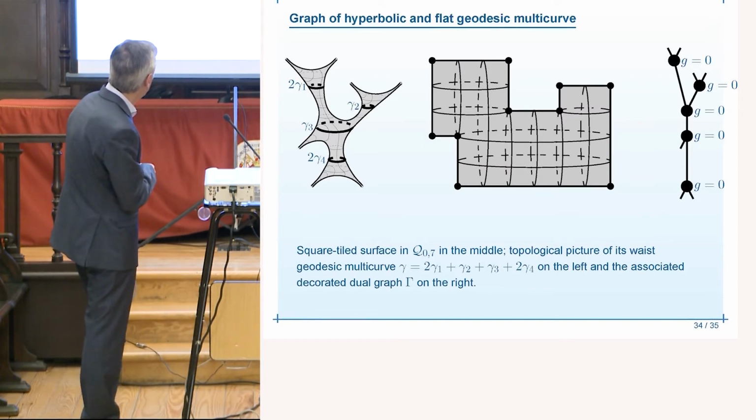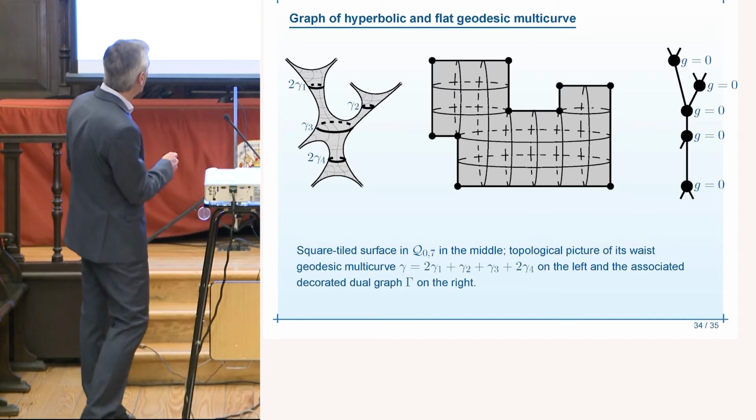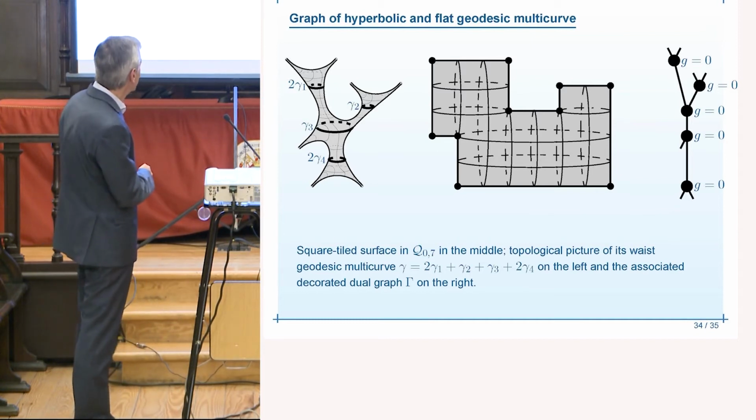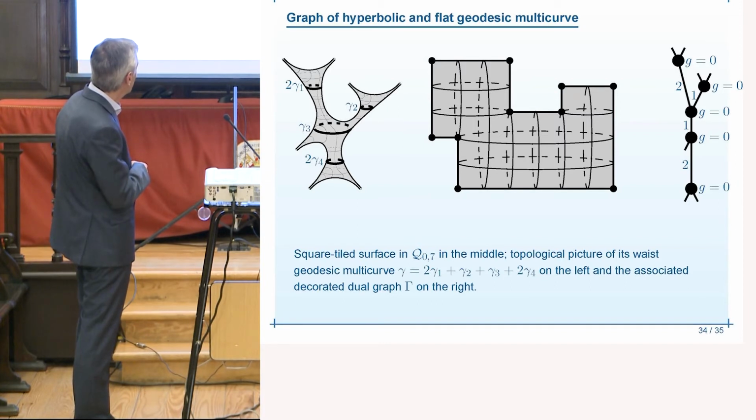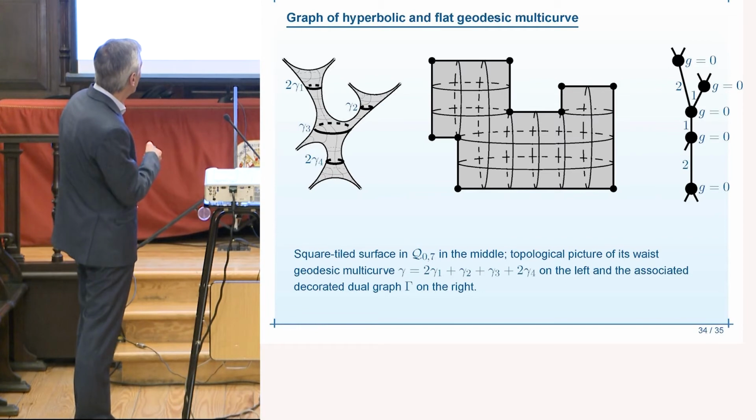I also put weight 2 here, and we can encode all this by a graph, as before, which is the dual graph to the corresponding system of multi-curves on the surface, and we have to tell what are the genera of the corresponding vertices and put these weights.